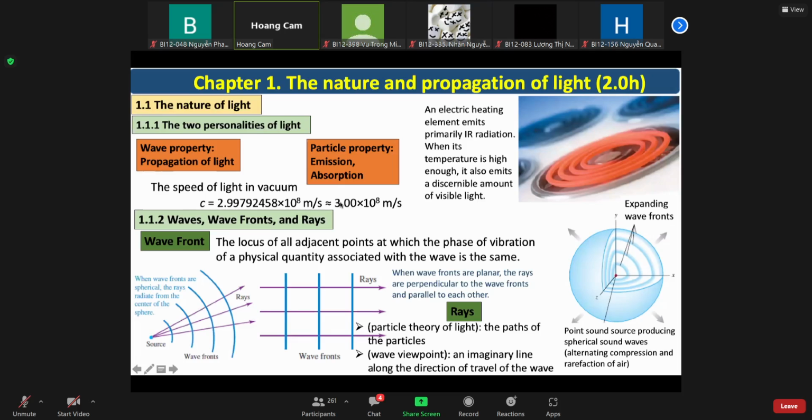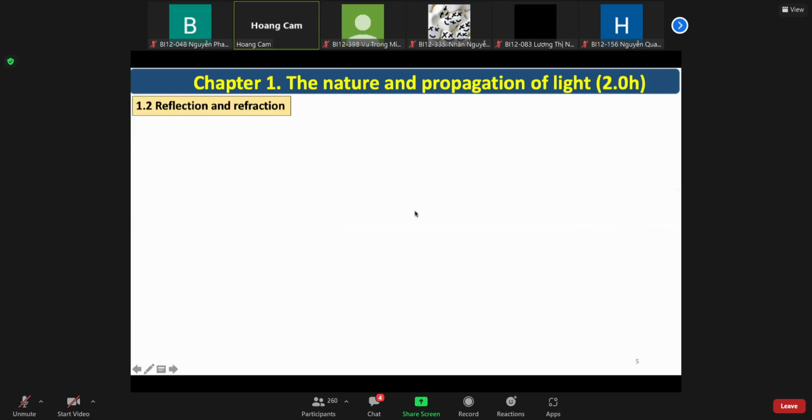When you draw that tangent line at this point, the ray must be perpendicular to this tangent line. If we consider the spherical wavefront, and when it becomes planar like this one, the rays should be perpendicular to that wavefront as well. So that is the concepts of wavefront and rays.